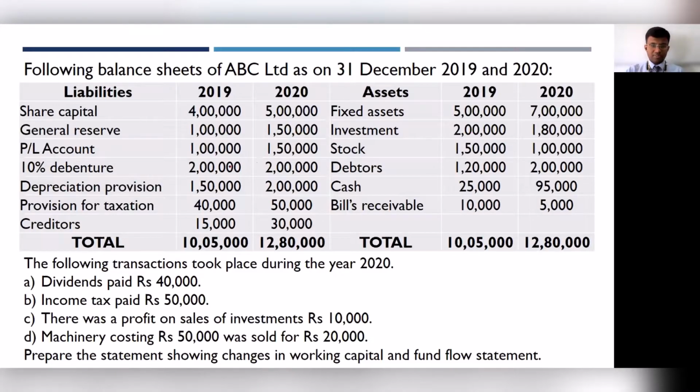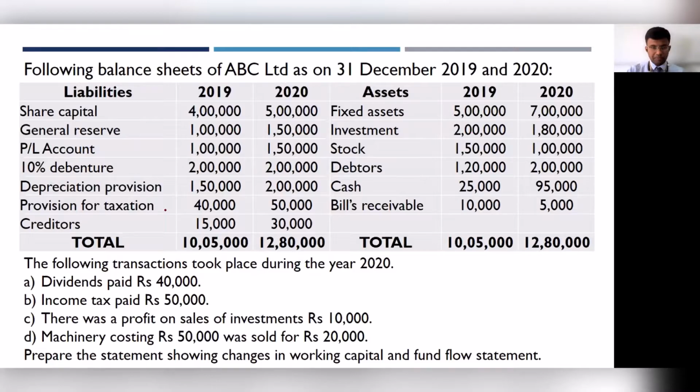Profit and loss, this is nothing but net profit. This will turn out to be your opening as well as your closing profit amounts. Debentures, the amount has remained the same, which means there will not be much changes. Notice with respect to depreciation provision, there is a change, and that has to be accommodated. Okay, so the depreciation, we have to try and see what is the change.